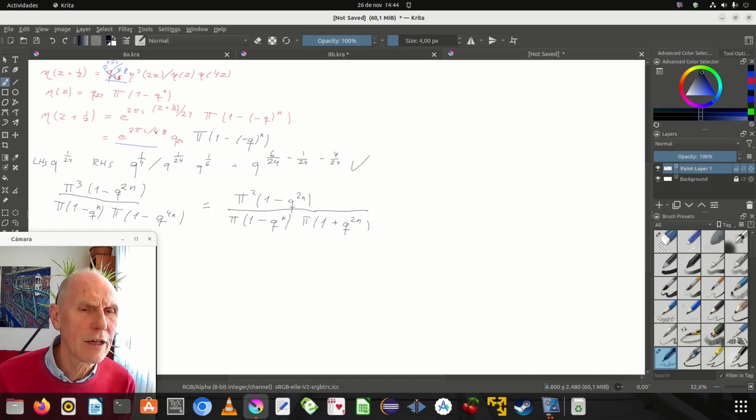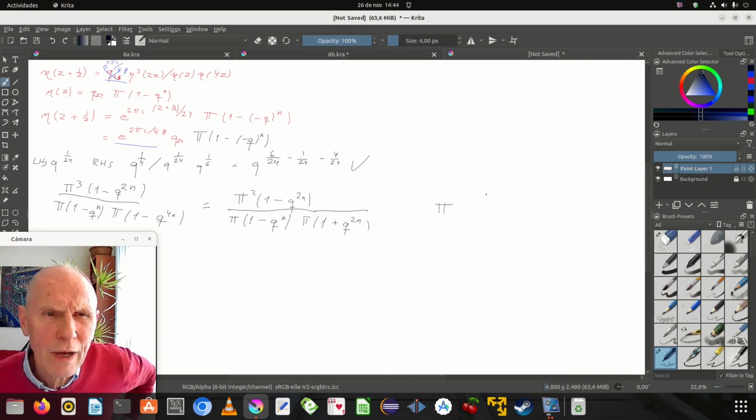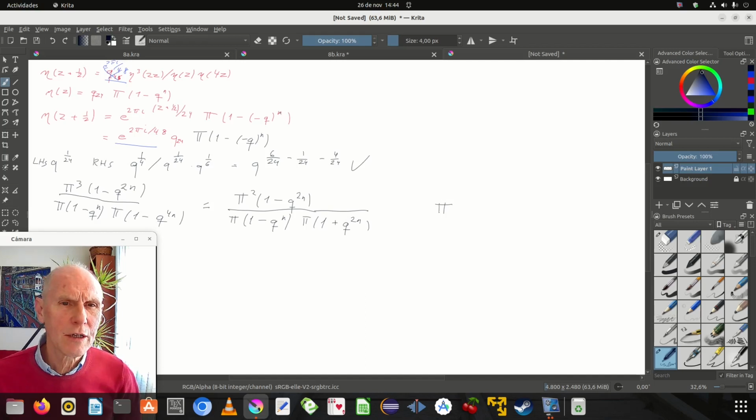On the other side, we have if n is odd, then it's 1 plus. And if n is even, then it's 1 minus q to nth. And this can be written, of course. Oh, let's so we need to show that they are equal.